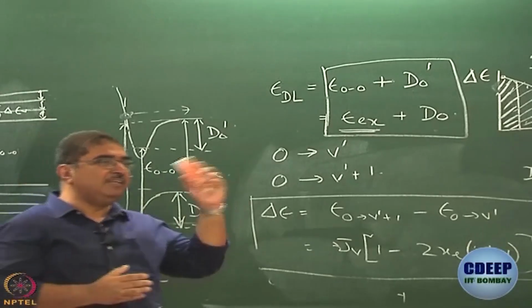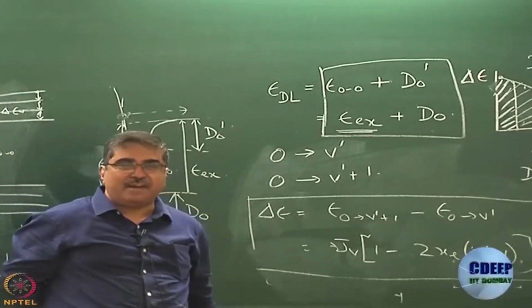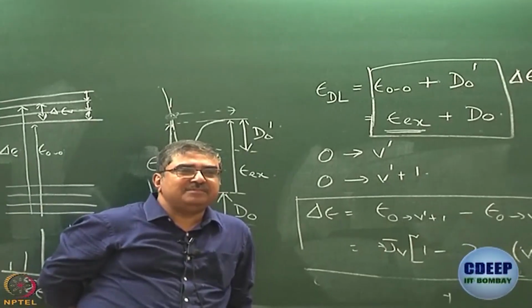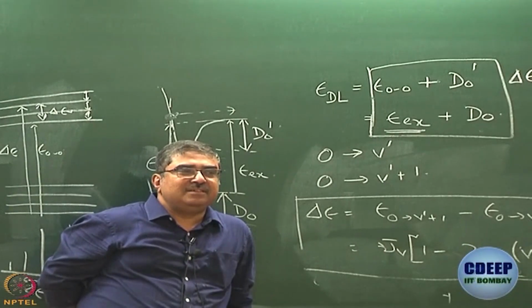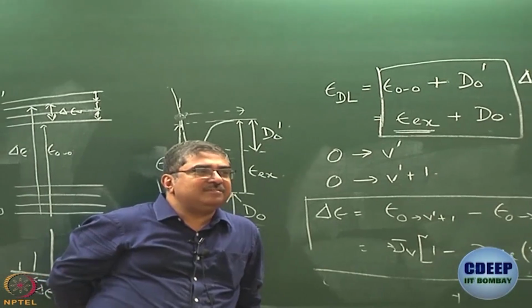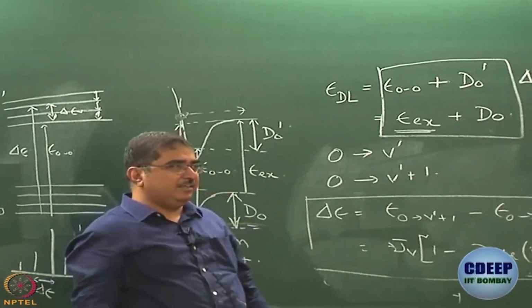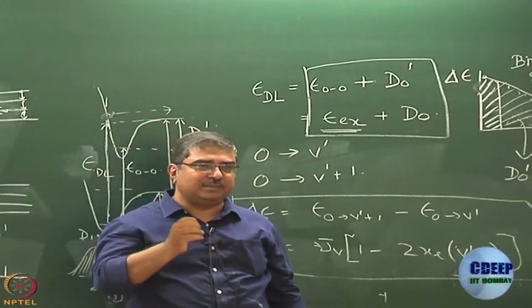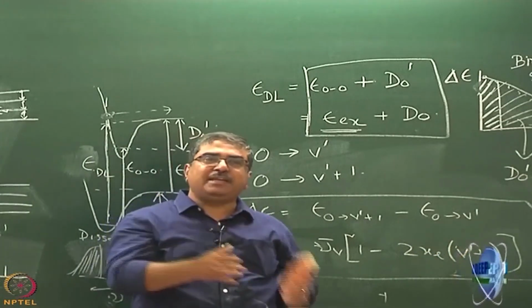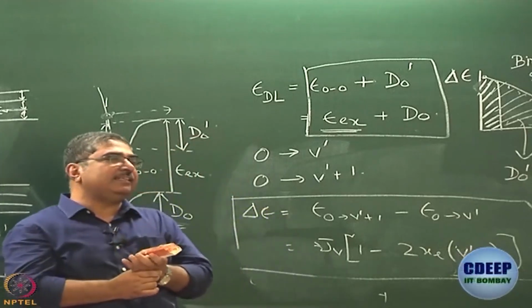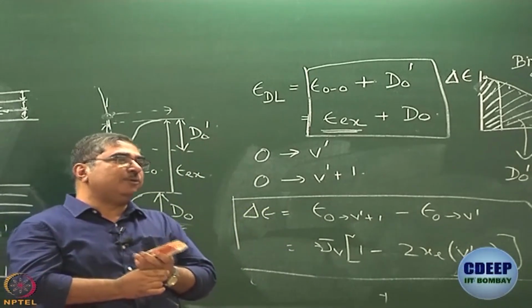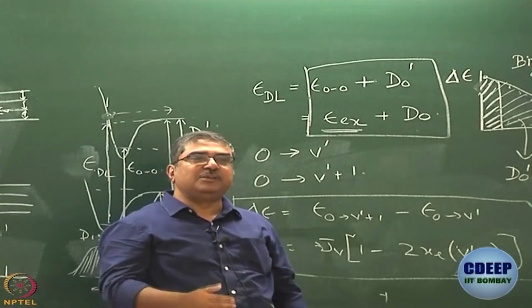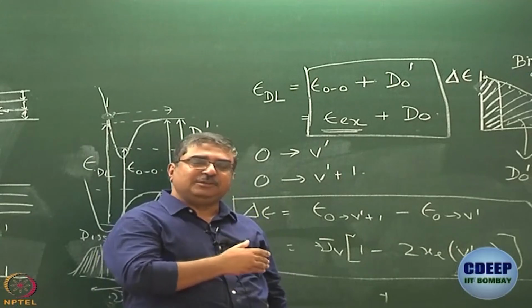What is the problem of determining D0 from electronic spectrum? What would be the problem? The problem would be resolution. IR spectra of course are recorded at higher resolution than electronic spectra usually. So, if you want to make an electronic spectrometer that has sufficient resolution to give you information about vibrational levels, that is a more difficult proposition. So, resolution is the problem in determining D0 here.